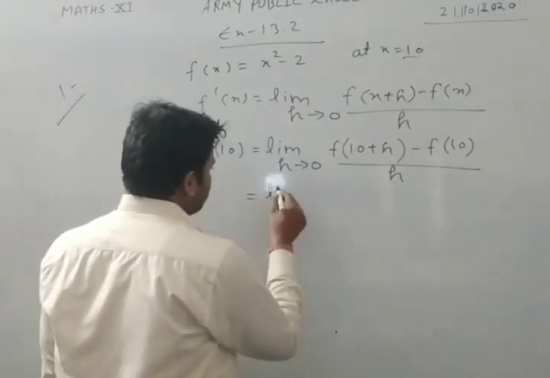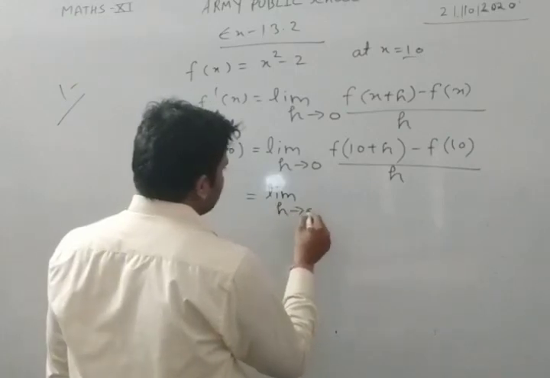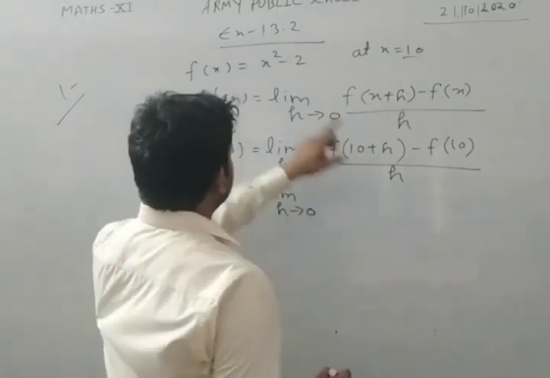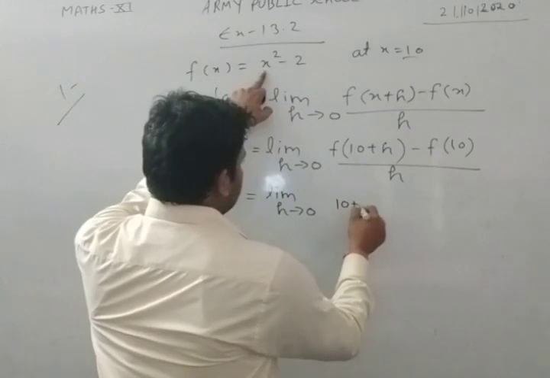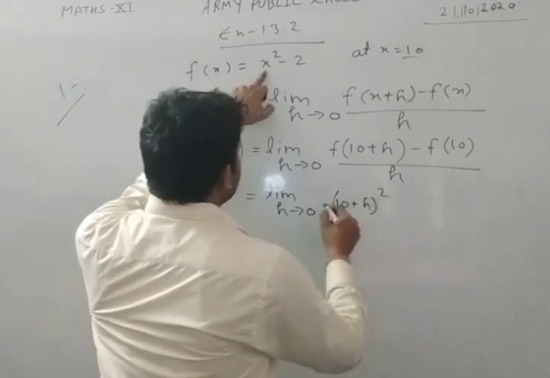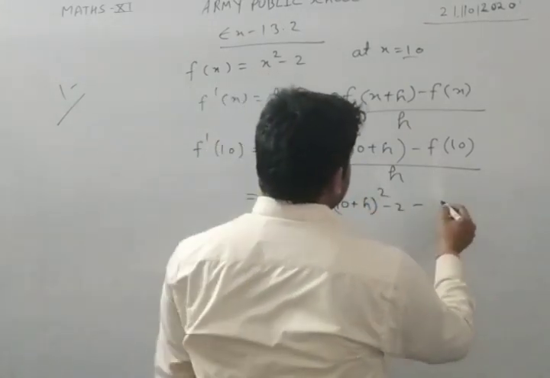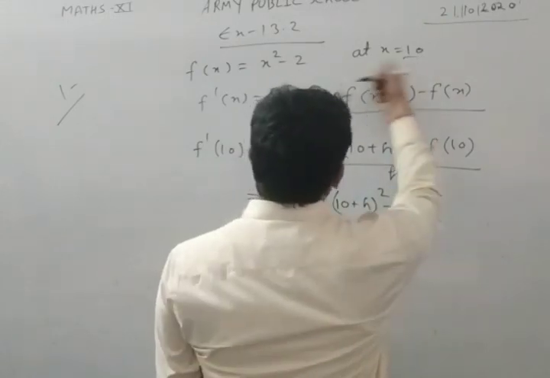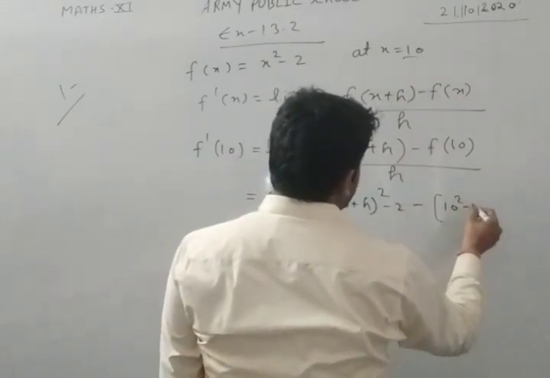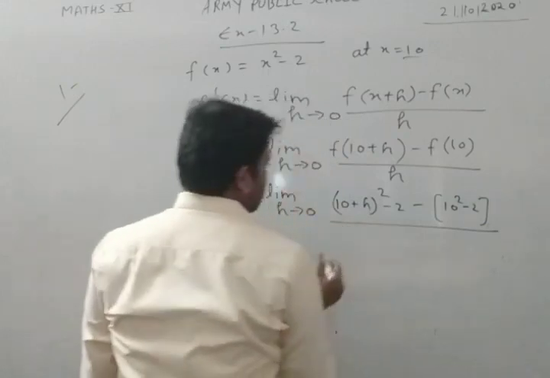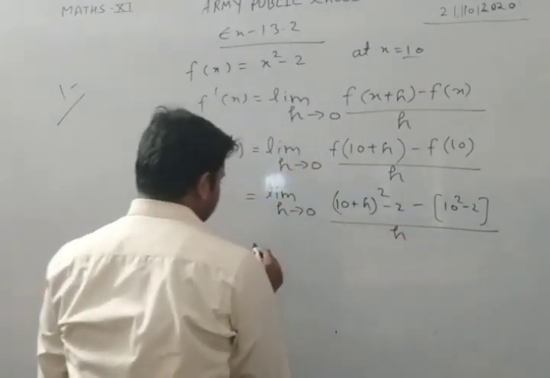We get limit h tends to 0, (10 plus h) whole square minus 2 minus f(10). Put the value: 10 square minus 2, divided by h.